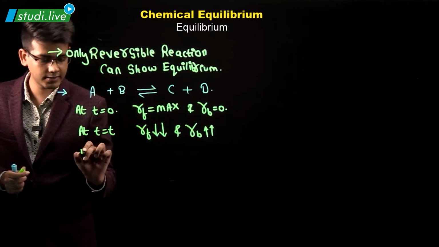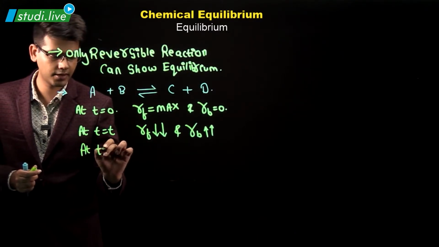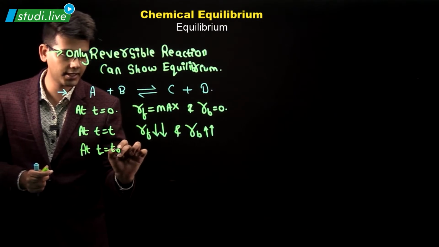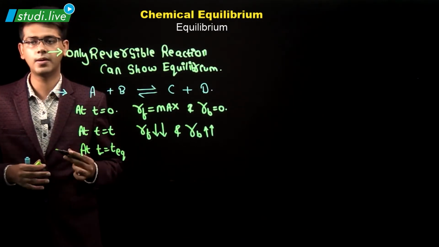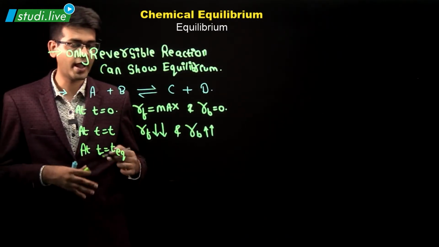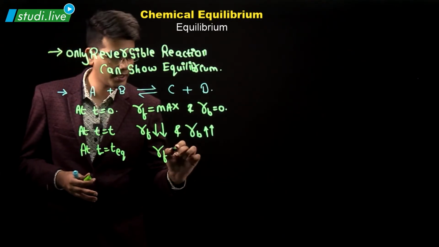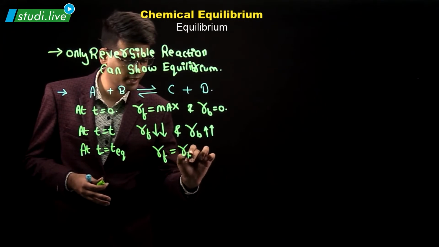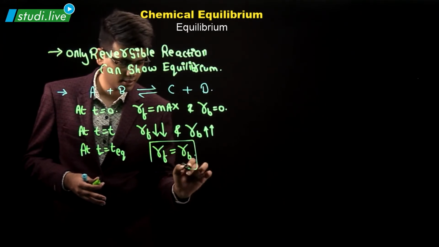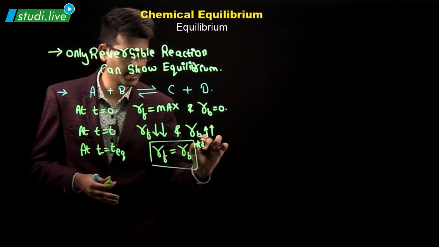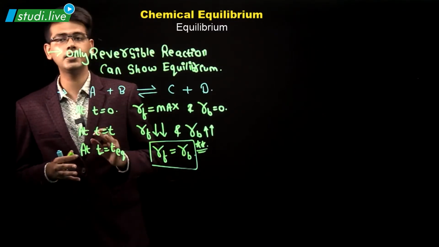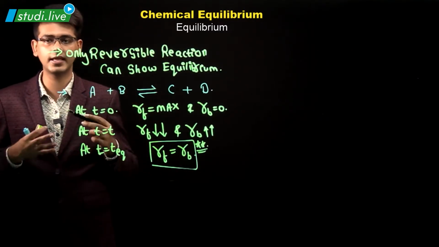Now at last we can consider a point, let's say TEQ. This is the point at which the rate of forward reaction becomes equal to the rate of backward reaction. At such a point, we say that equilibrium has been reached. This TEQ represents the equilibrium time.